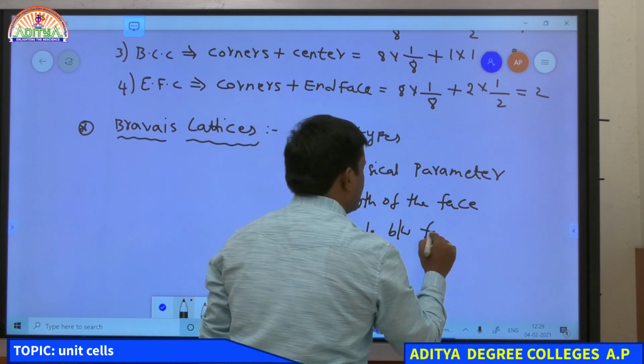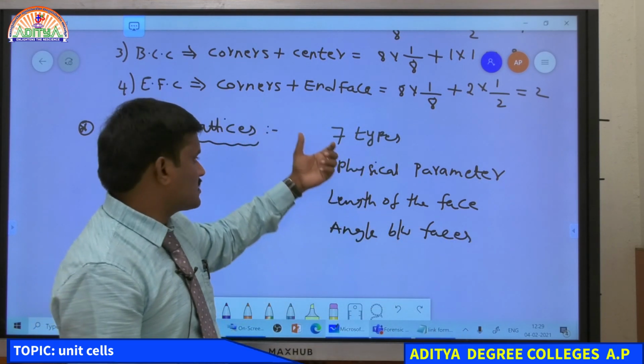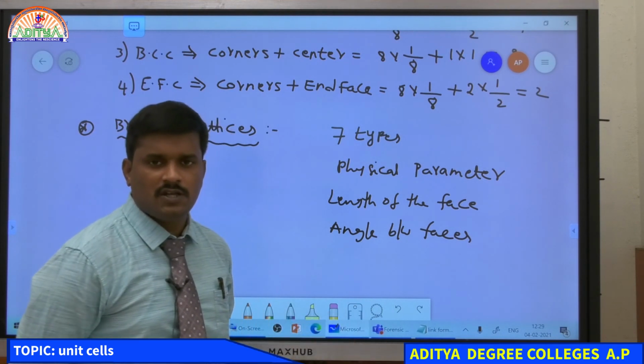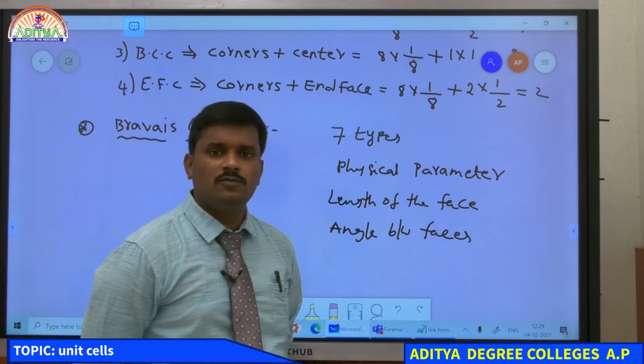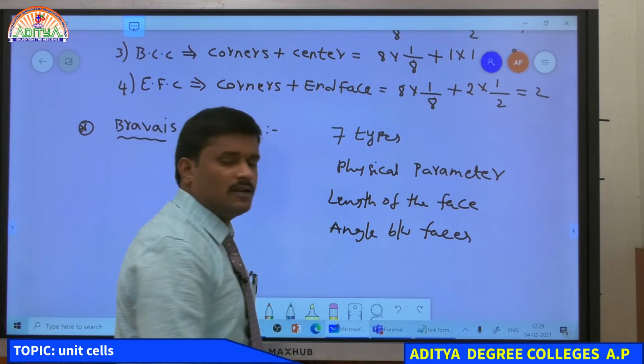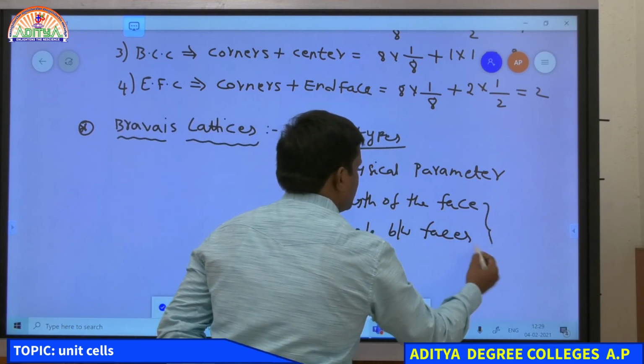Based on these two parameters, crystals are classified into 7 types, that is CTOMTRH: cubic, tetragonal, orthorhombic, monoclinic, triclinic, hexagonal and rhombohedral. So, 7 types of crystals based on 2 parameters.